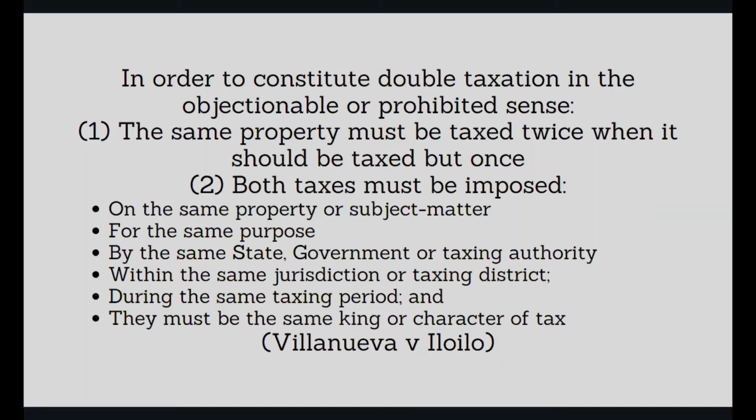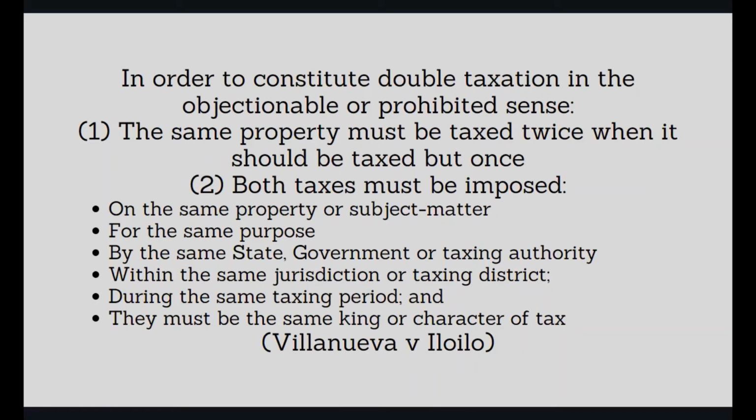Both taxes must be imposed on the same property or subject matter for the same purpose with the same taxing authority within the same jurisdiction or taxing district during the same taxing period, and they must be the same kind or character of tax.